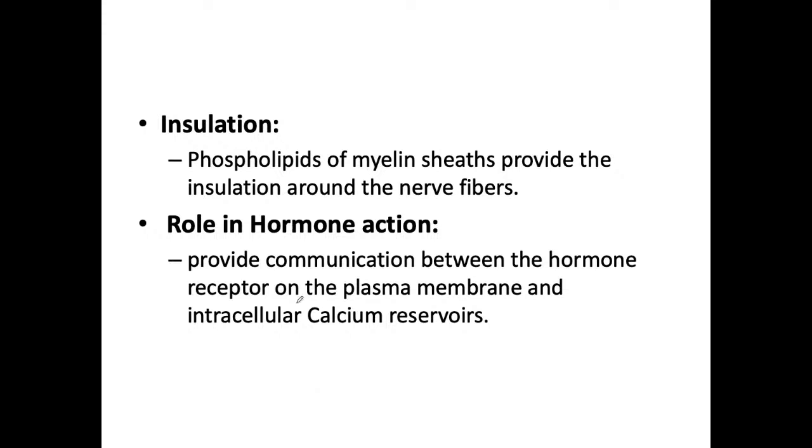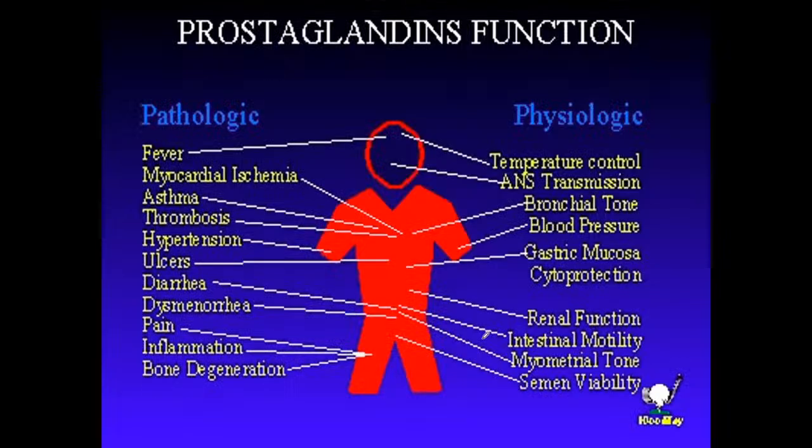And insulation: the phospholipids of myelin sheaths provide insulation around the nerve fibers and provide communication between the hormone receptor on the plasma membrane and the intracellular calcium reserve. Yes, that's it. Some prostaglandin functions, pathological and physiological. Pathological ones are like fever, myocardial ischemia, asthma, thrombosis, hypertension, ulcer, diarrhea.